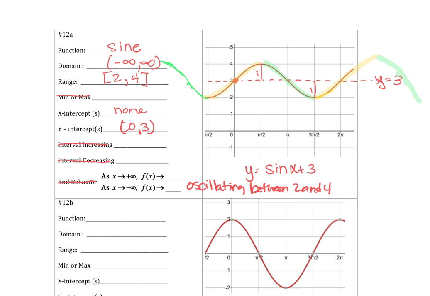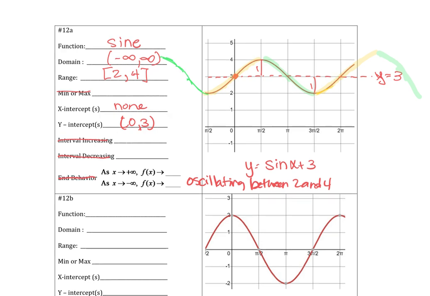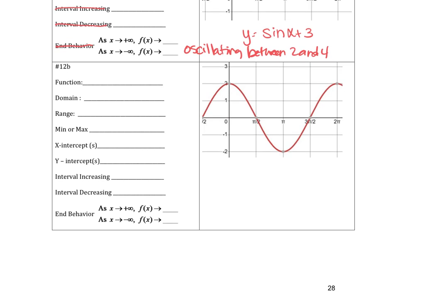So let's take a look at our cosine graph. Like the sine, there is just some stuff on it that we're not really going to worry about. Again, the max and min, because it does have a max and a min, they're reoccurring, so it's more of something that you write like a reoccurring interval. Same thing with my x-intercepts.